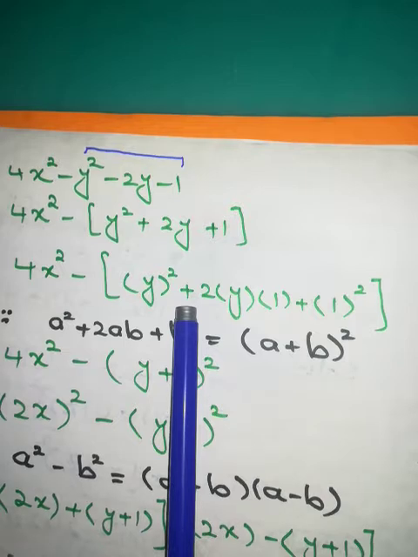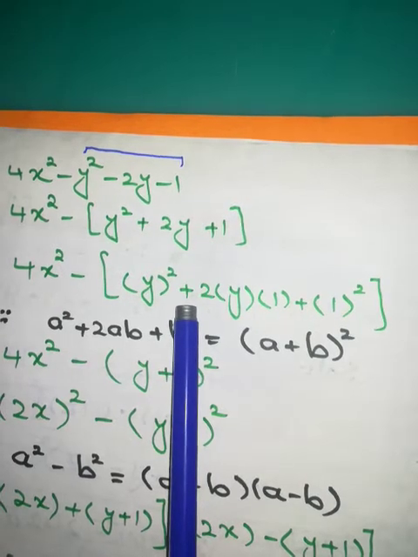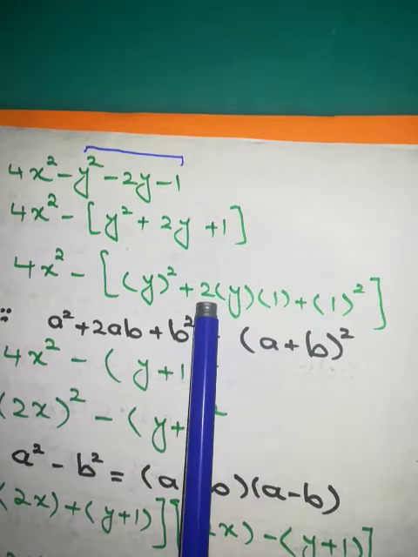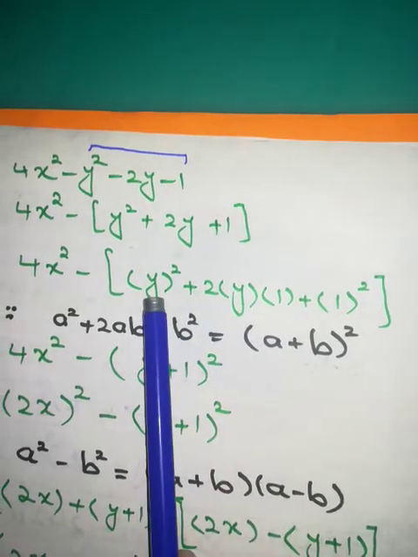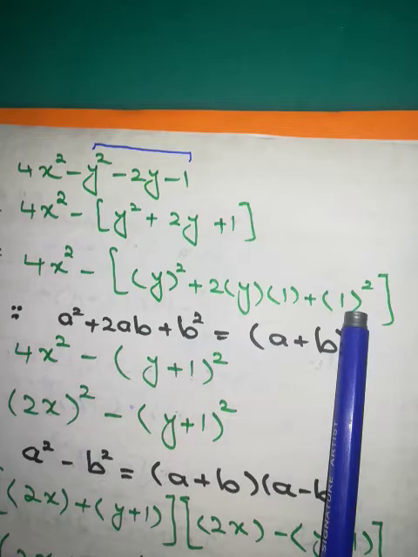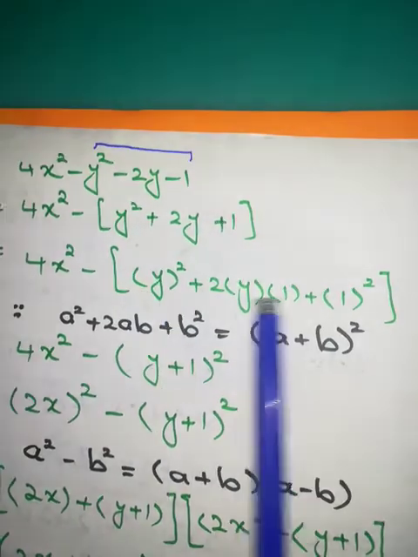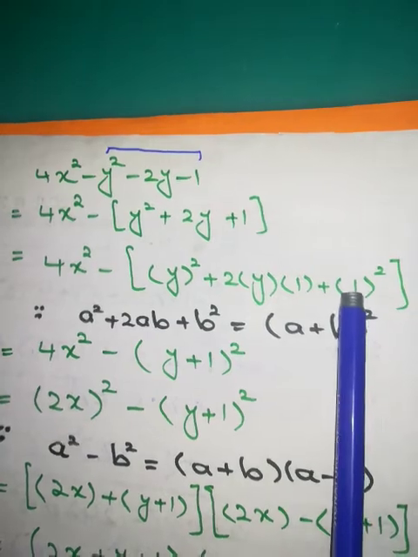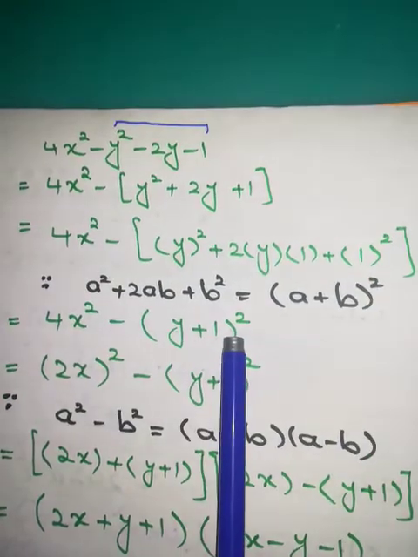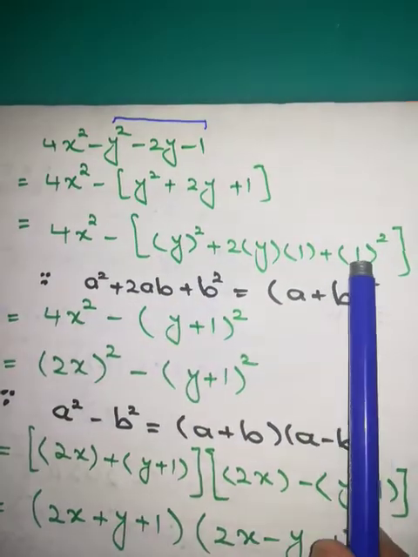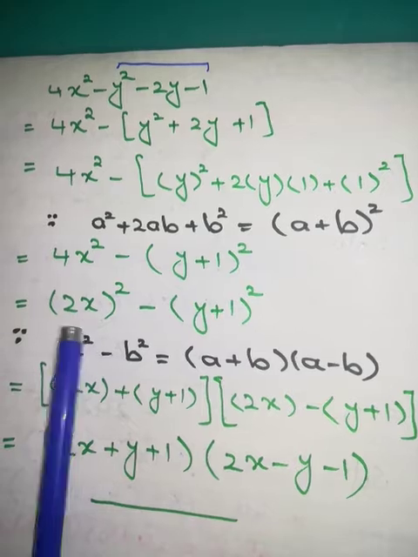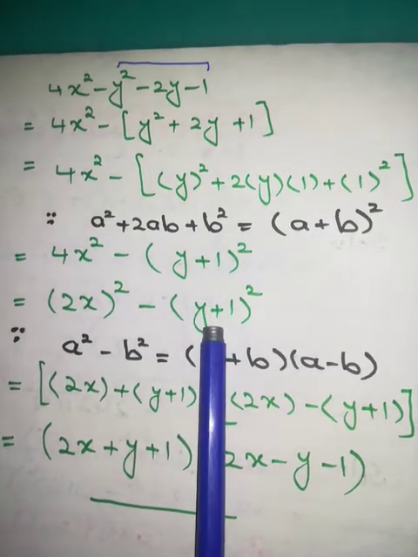Here a is y and b is 1, so y square plus 1 square plus 2y becomes the whole square y plus 1 whole square, because the whole square form is y and 1. Now convert 4x square also into whole square form. It's already converted into whole square form.